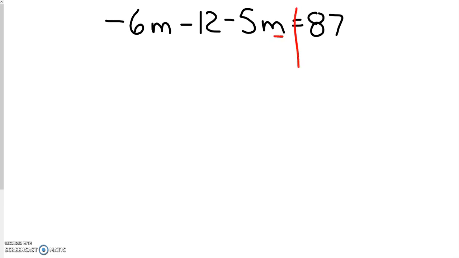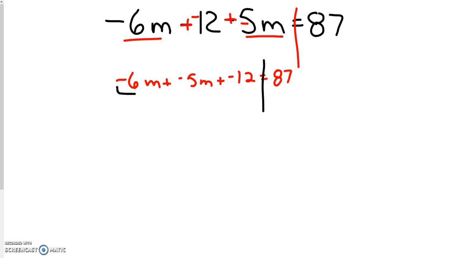I want to combine the like terms that have m's, but in order to do that, they need to be next to each other. So I need to change subtraction into addition. Now I can rearrange: negative 6m plus negative 5m plus negative 12 has to equal 87. Combine like terms. Negative 6m and negative 5m, that's negative 11m plus negative 12 to equal 87.